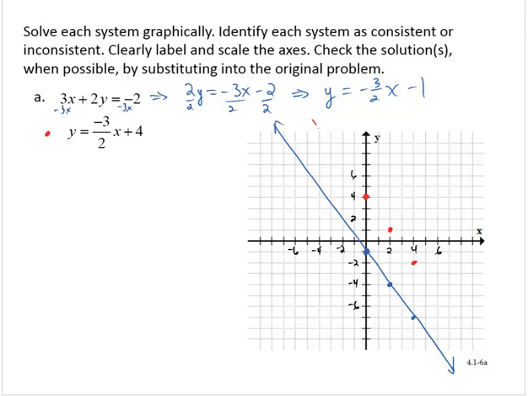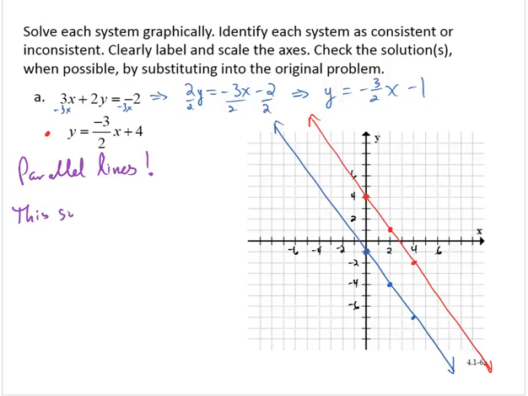But you may already be saying to yourself, well, wait a second, those lines are parallel. Parallel lines aren't going to intersect. So what we would have to say is, since they don't intersect, there is no solution.